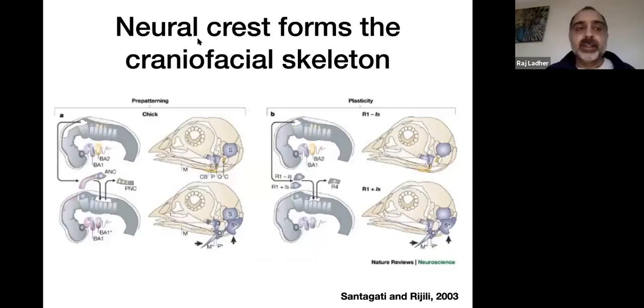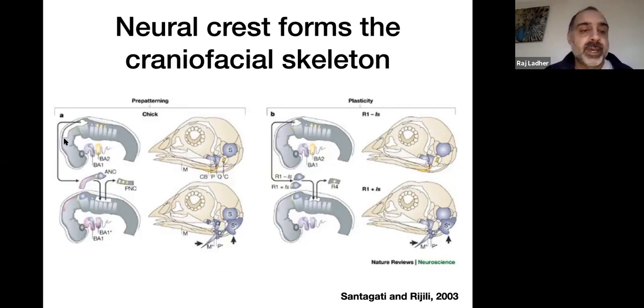Okay, so what she's been doing is transplanting bits of the brain from a quail embryo into a chick donor, and asking where the crest goes to.